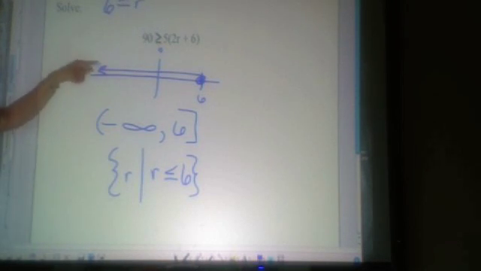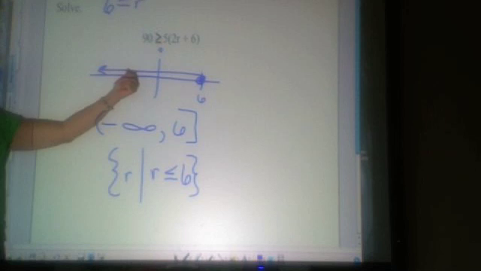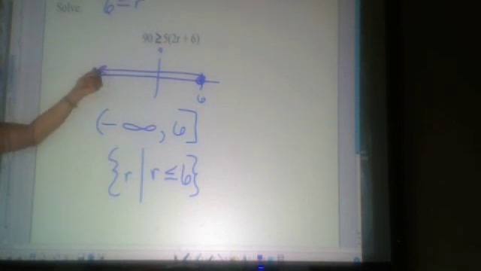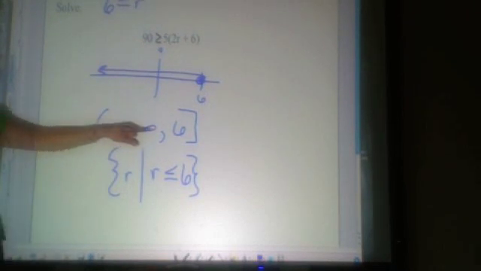Look where we're coming from. Even if we'd started at -6, if your arrow's going to the left, you're coming from negative infinity. Positive infinity. Okay?